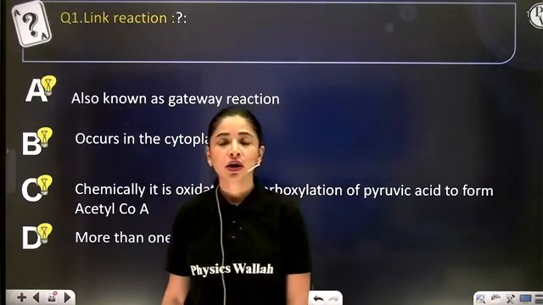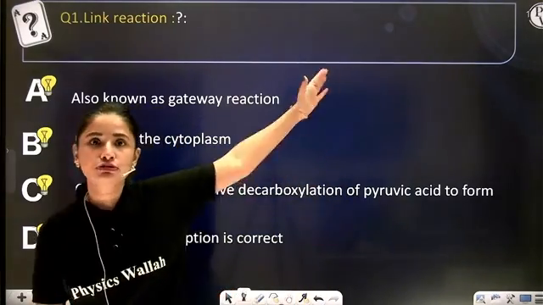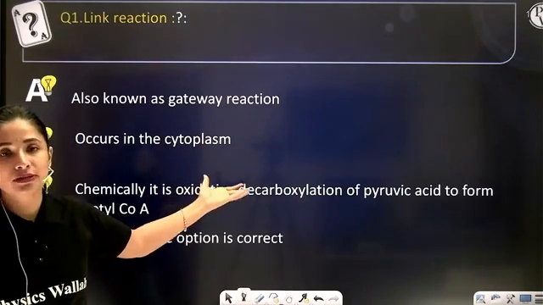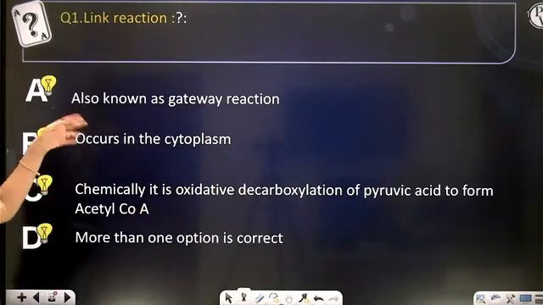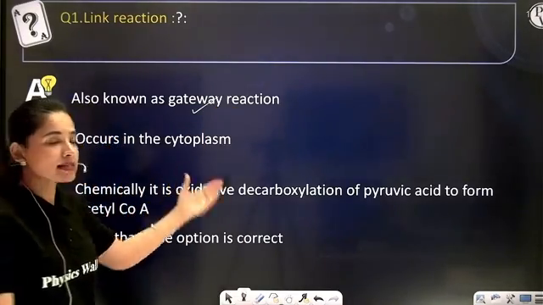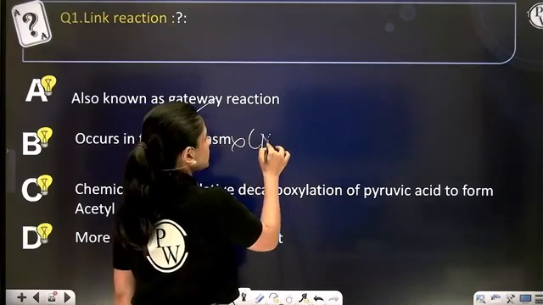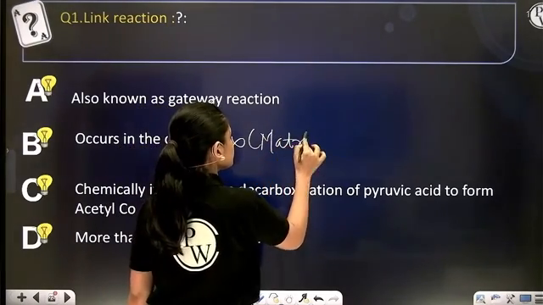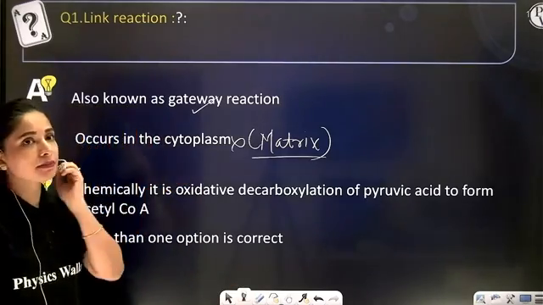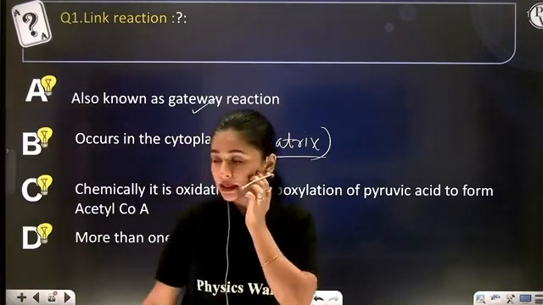Next question. What is link reaction? Now you have been given some 4 statements. You have to choose which one is right and not. First, also known as gateway reaction. Correct. Does it occur in the cytoplasm? No. Rather it occurs in the matrix of mitochondria. So B statement becomes wrong. Next statement.